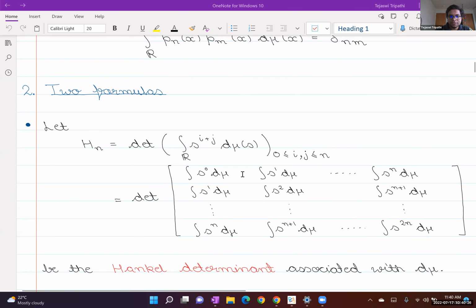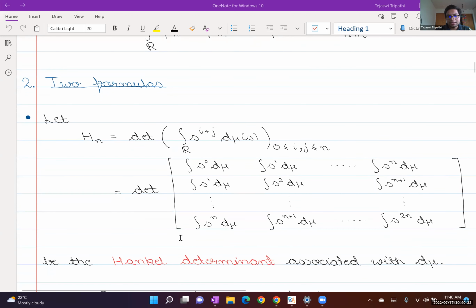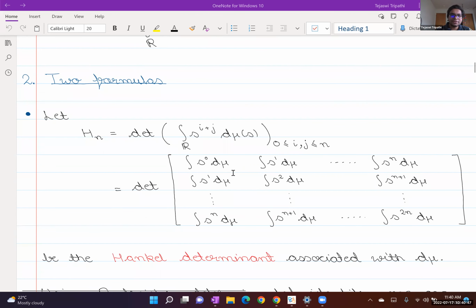At any point, if you go to the right or go to the bottom, we increase the power by 1. And this is called the Hankel determinant associated with dμ. For later purposes, I will not write the s and I will not write R, because it's understood that this is over R and in s. So we'll use this Hankel determinant to produce orthogonal polynomials.